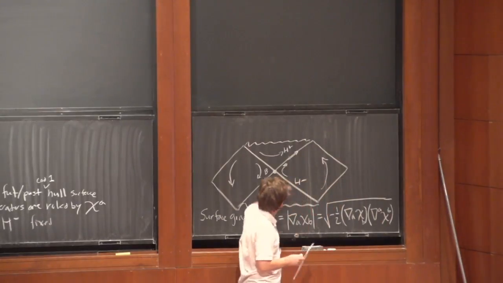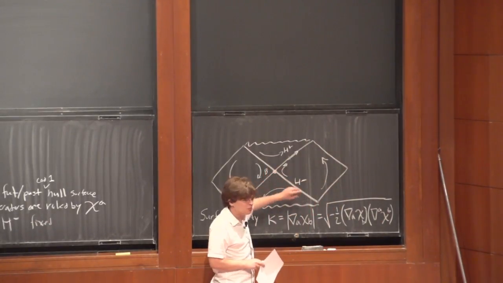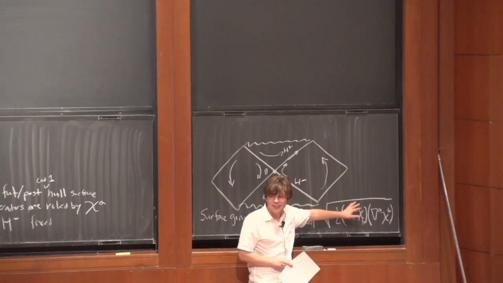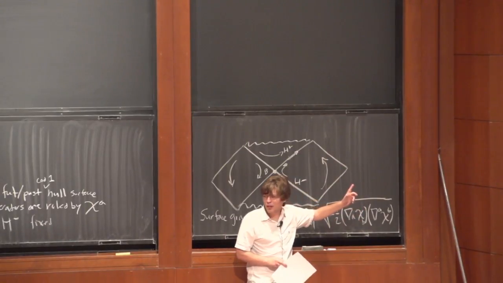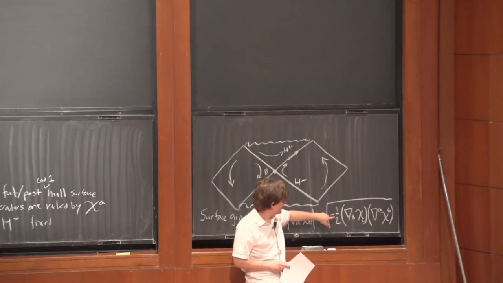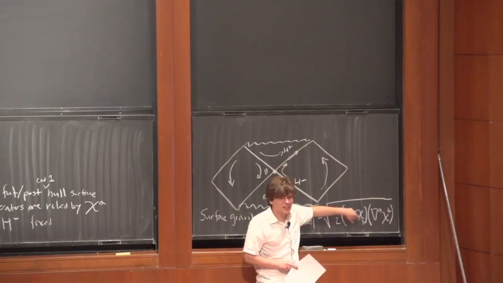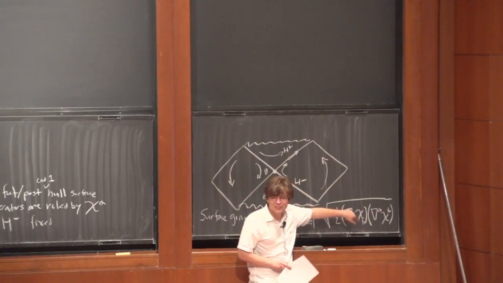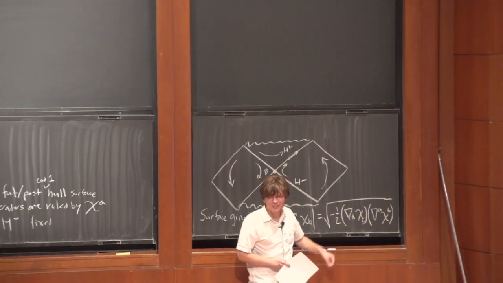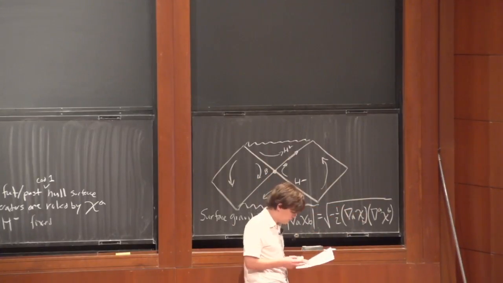Because this looks like a boost, there'll be a Tx antisymmetric piece. The derivative of the Killing vector will have Tx antisymmetric components, and this minus 1/2 is just to take into account that there are two ways to contract it, and the minus is just because there's a minus sign when you contract in time.